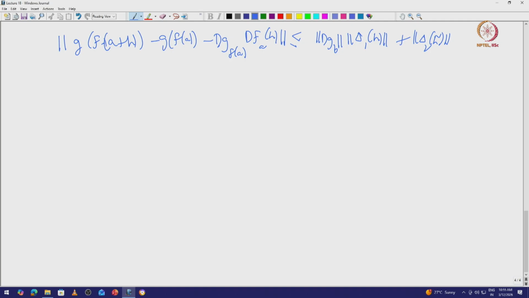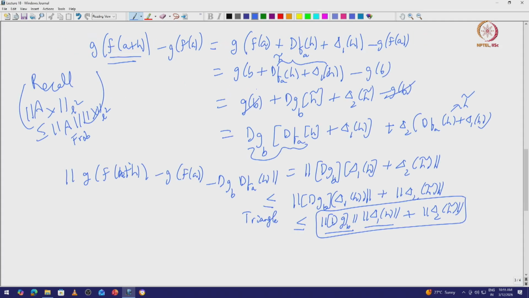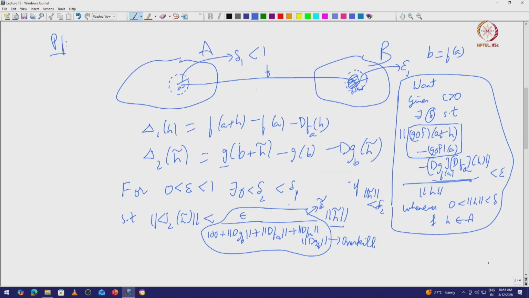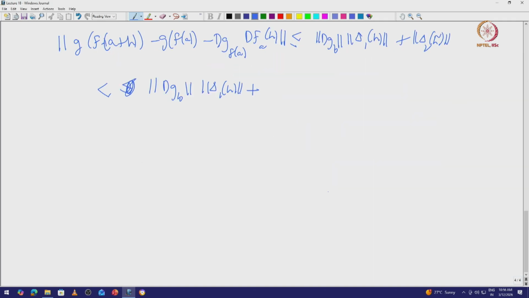estimate this? We already know that this is, in fact strictly, less than some epsilon tilde times norm of h tilde, right?